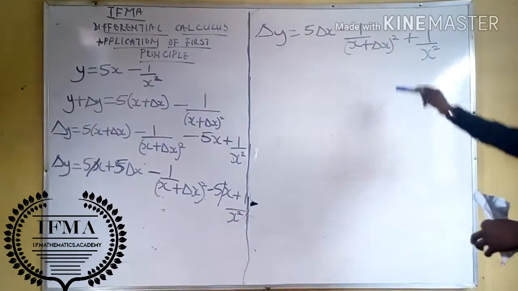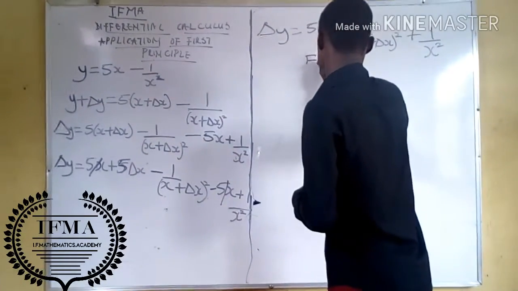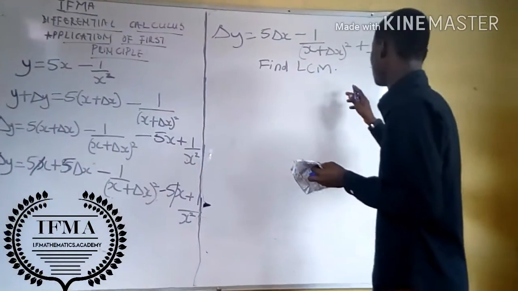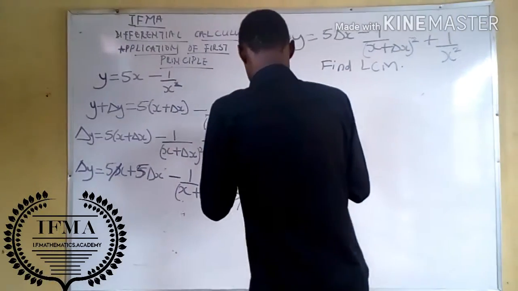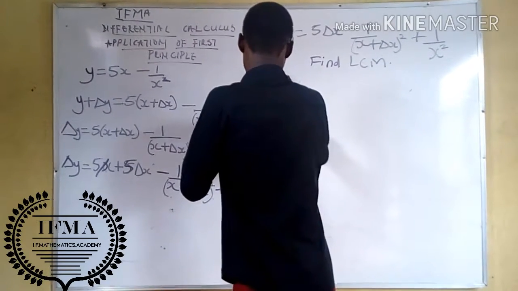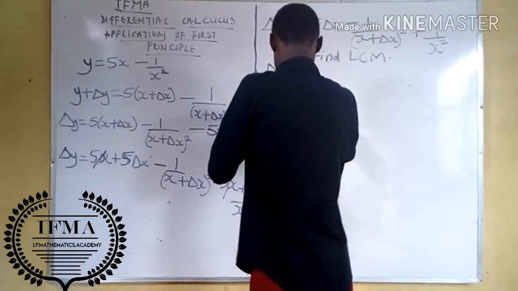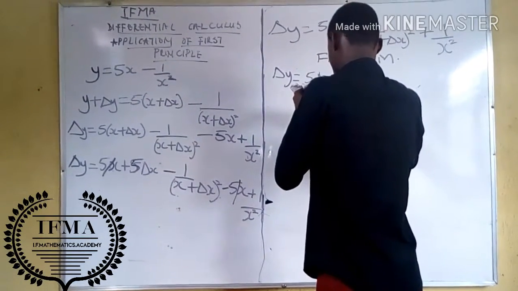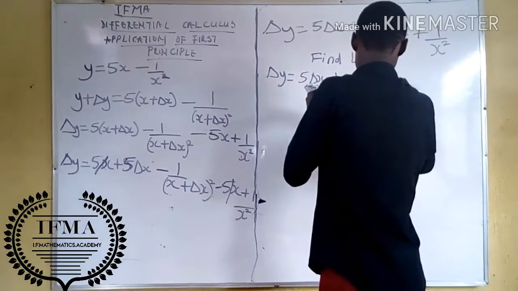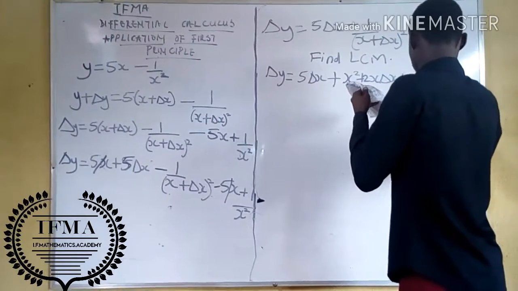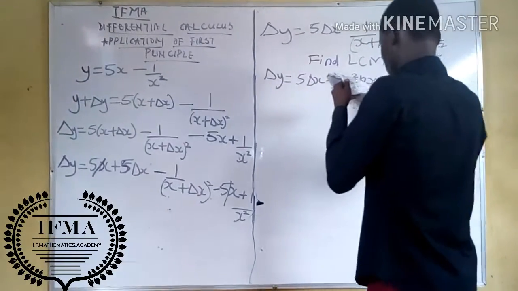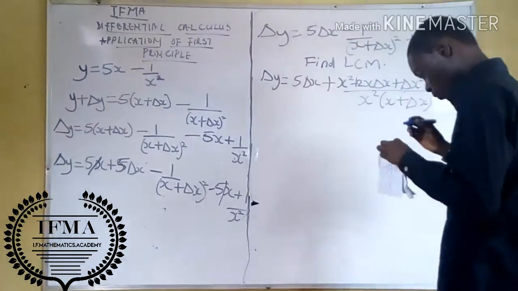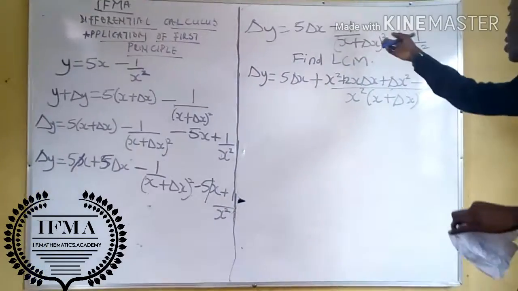So now we find the least common multiple. So after finding the least common multiple, we should have the LCM of this equation, and it gave us this.